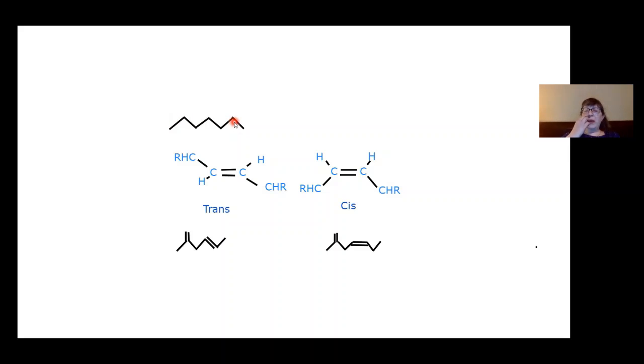Now, when we have this as part of a fatty acid, and I did forget to put in a couple of things here. We have some oxygens that need to go in on our fatty acids here. All right, so when we have a fatty acid, we have one end of the molecule that has 2 oxygens.